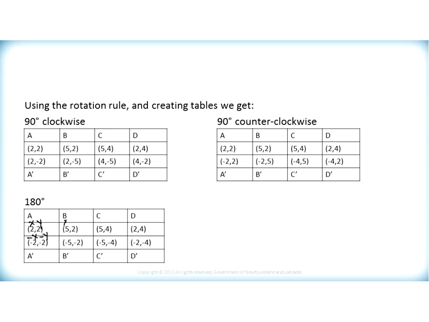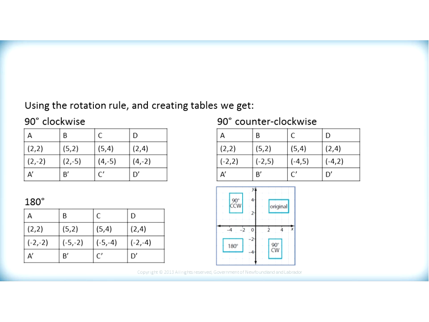I started with (x, y), 5 and 2. I ended up with the negative of 5, so negative x, and the negative of 2, so a negative y. So the pattern for 180 degrees is that it's going to be negative x, negative y when you do a 180 degree rotation. And so using these tables, we can create this chart right here.